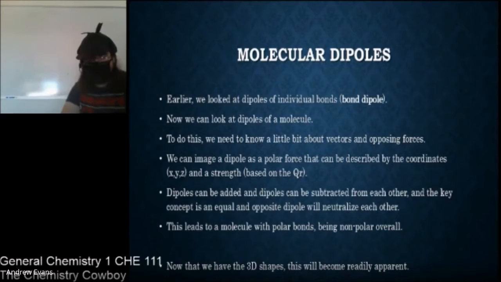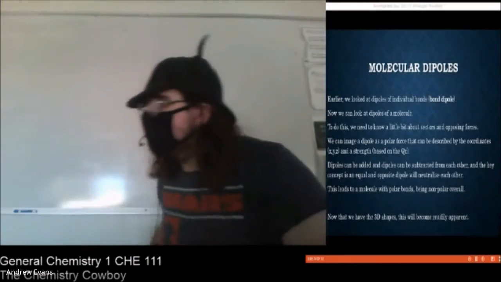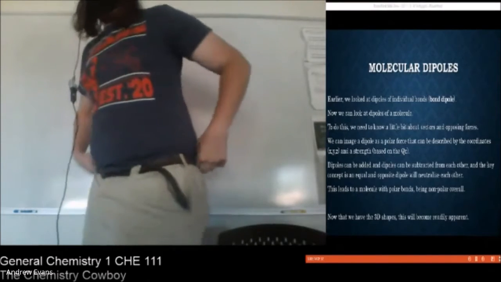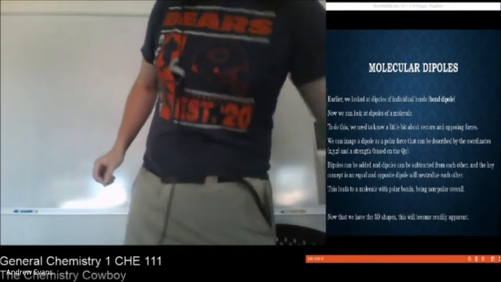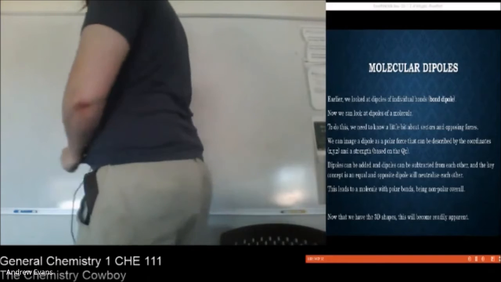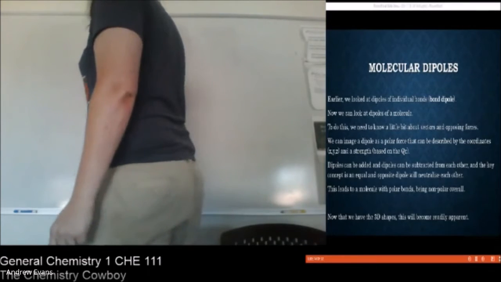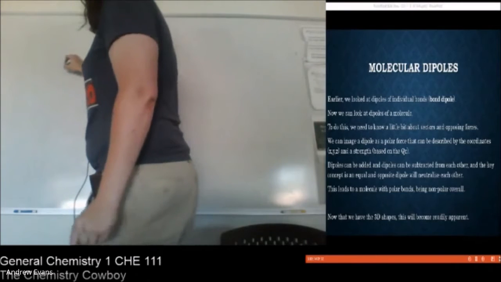So I'm going to quickly draw something. This is at the beginning of this chapter. We asked, why is CO2 different from water? By itself, a CO double bond is polar.